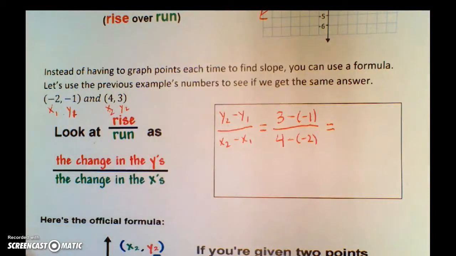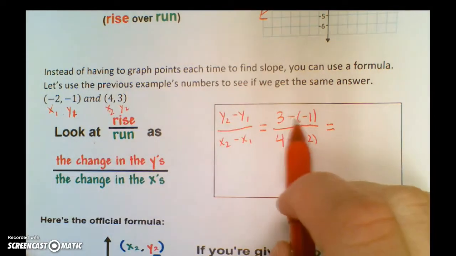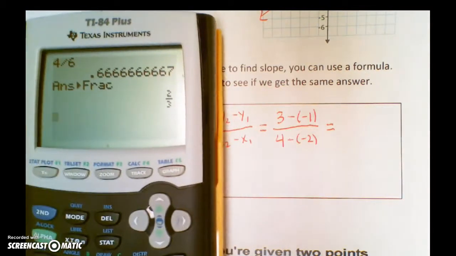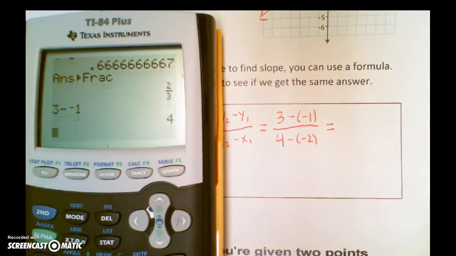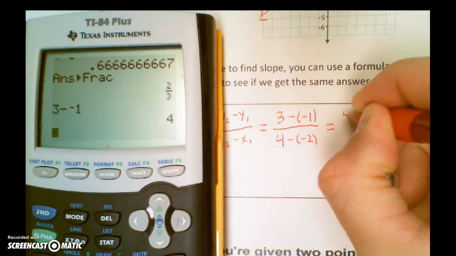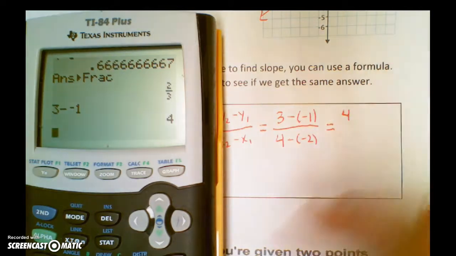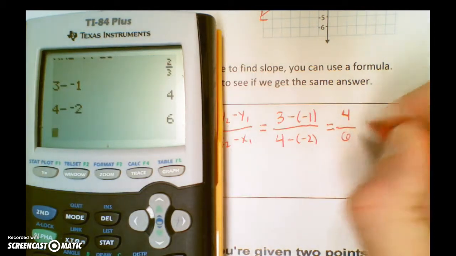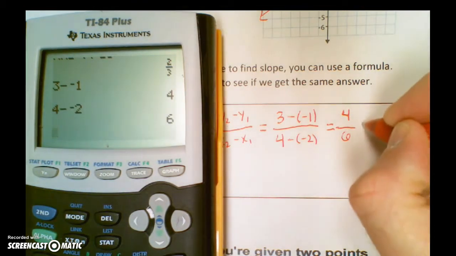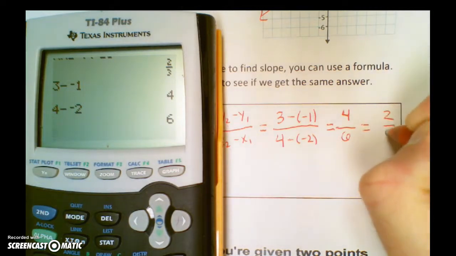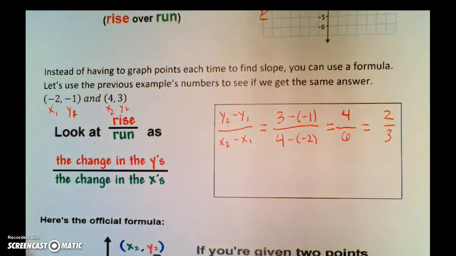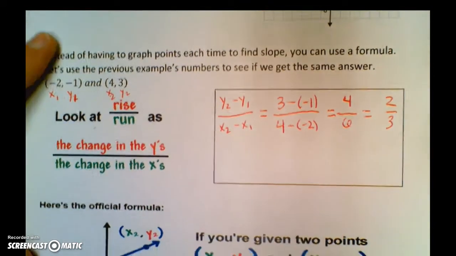So doing these separately, 3 minus a -1, I put that on my calculator, 3 minus a -1 is +4, over 4 minus a -2 is 6. So we get that same answer that we had above, and we already know this reduces into 2/3. So we can use this formula to calculate the slope between points. Here's the official formula.